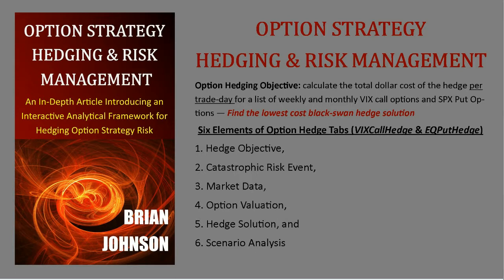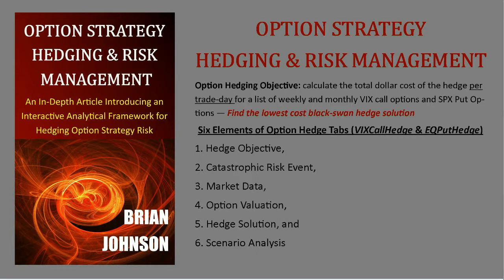There are 6 principal elements of the two option hedging spreadsheet tabs. The first element is the Hedge Objective, which is the average profit the hedge will generate in the black swan scenario. For example, if we had a $100,000 position or $100,000 Reg T requirement for an iron condor, and we were willing to lose a maximum of 20% on that trade, then we would need to hedge the remaining 80%.